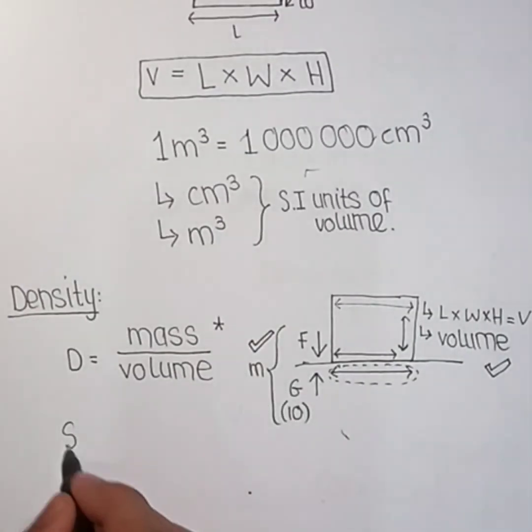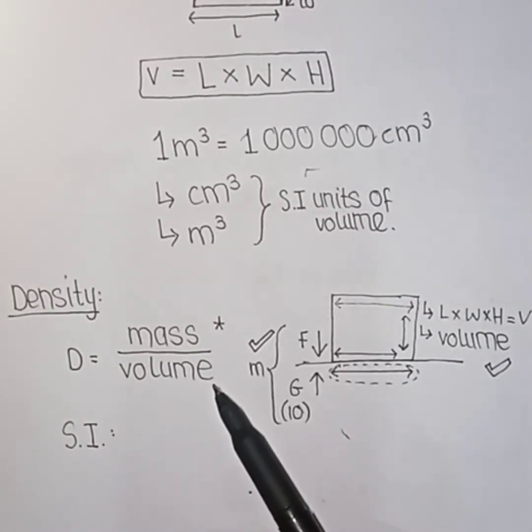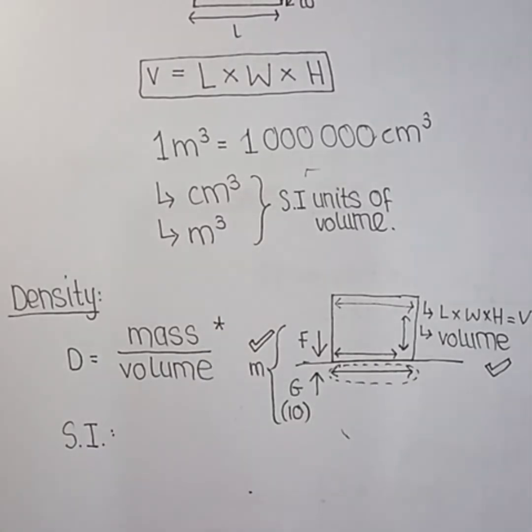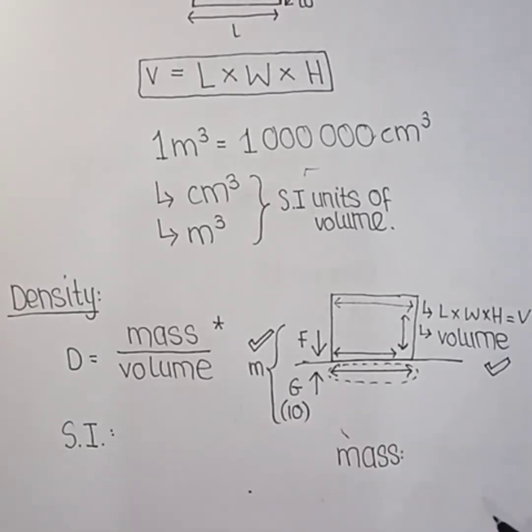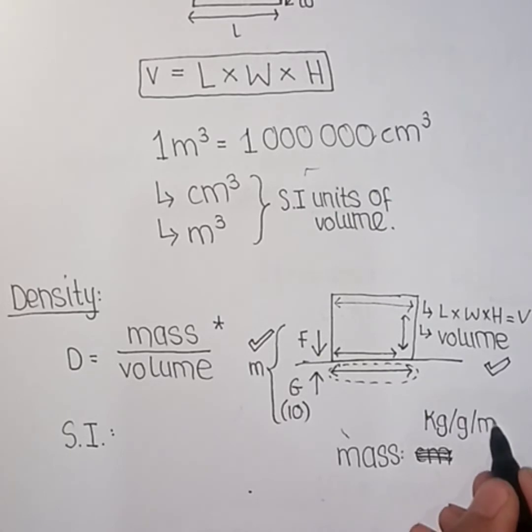Do you know about the SI unit of density? Have any idea? You can take the idea from the formula. In the formula, it's talking about mass. Now we have written out kg, g or mg, which are the SI units of mass.